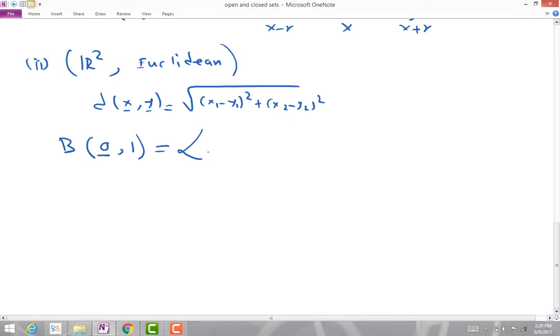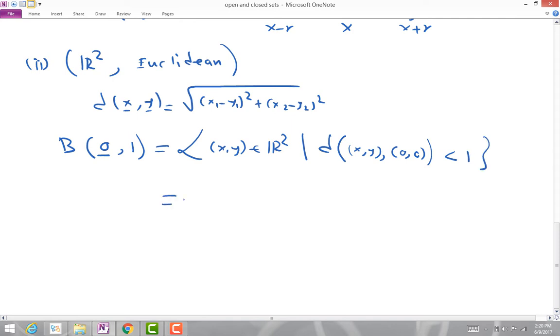So I want to look at all the points (x, y) in R squared such that the distance between (x, y) and the origin is strictly less than 1.